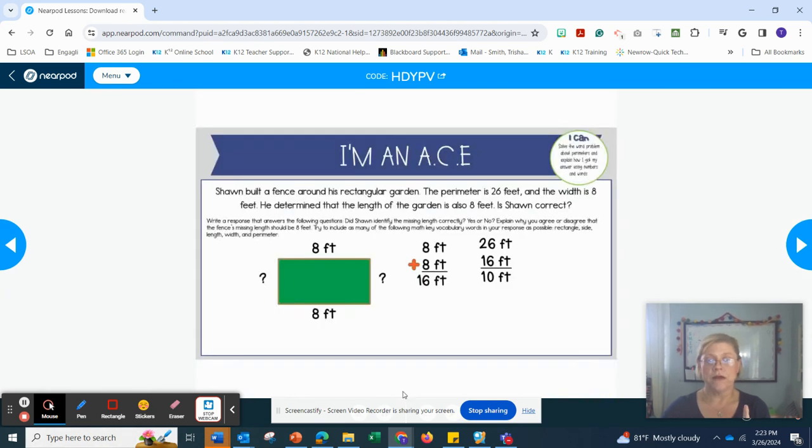Let's go and look. So here it all is, nice and pretty and neat. And so we did find that missing link. So we broke that 10 feet up into 5 feet and 5 feet.